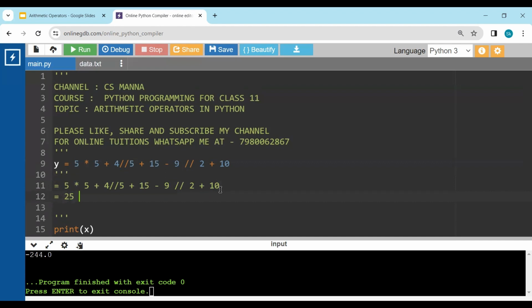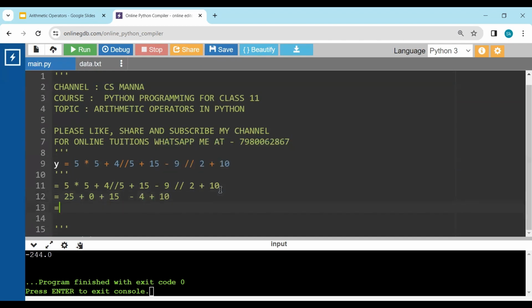So it's 25 and 4 floor division. So obviously it's 0 point something. So the integer part is 0 because 4 is lesser than that. You would get a decimal, but with floor division it's 0. So this one now is 15, and now again it is 9 by 2. So 9 by 2 is basically 4.5, but we are going to take only the 4, and then plus 10.